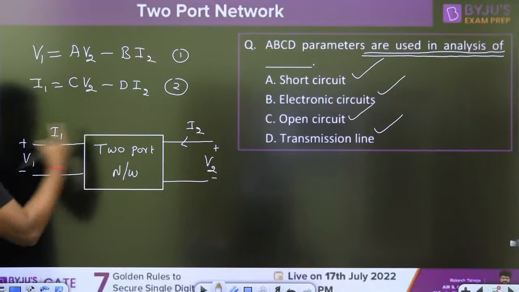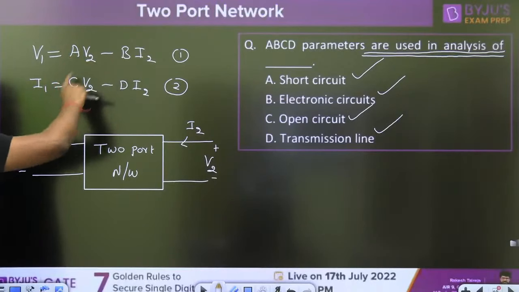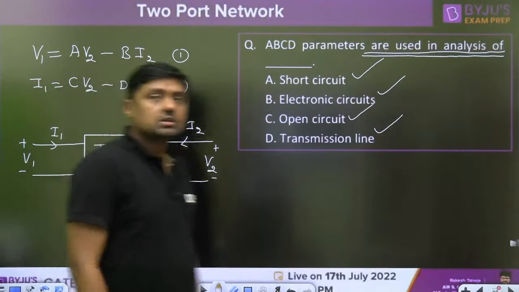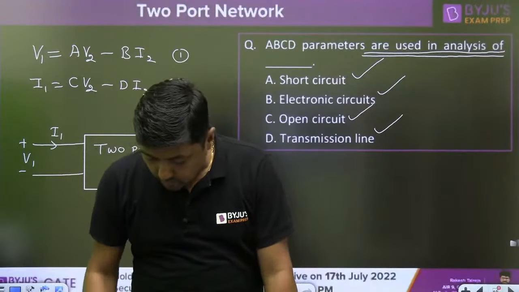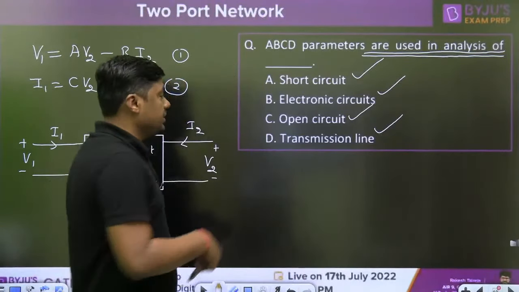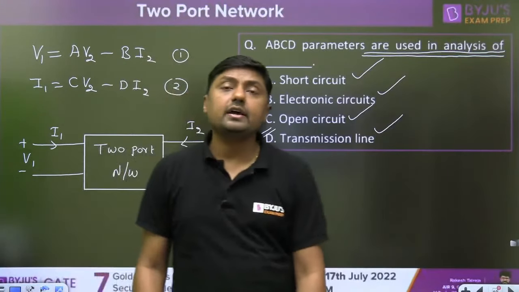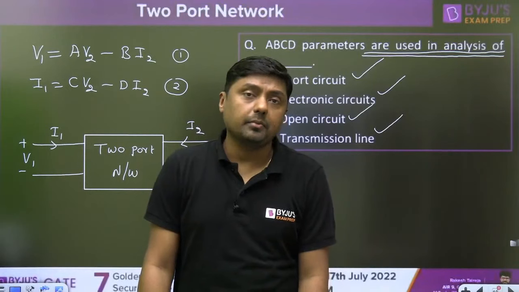This is the input port, that is the output port, and that is the relation between V1, I1, and this is the A, B, C and D. What is the answer? And the answer for this question is transmission line parameter. ABCD parameter is also known as the transmission line parameter.